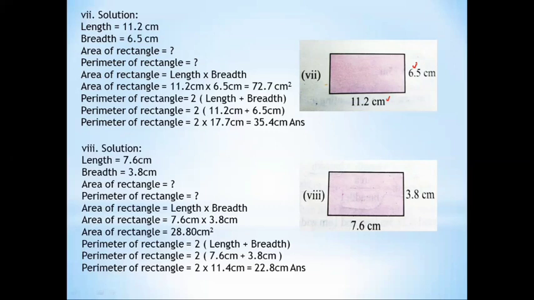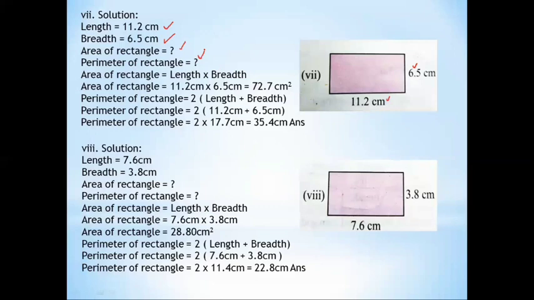Right? Now, write this information, that is the part of our information before the start of the sum. Length is equal to 11.2. Breadth is equal to 6.5. Area of rectangle is equal to question mark. Perimeter is also equal to question mark.